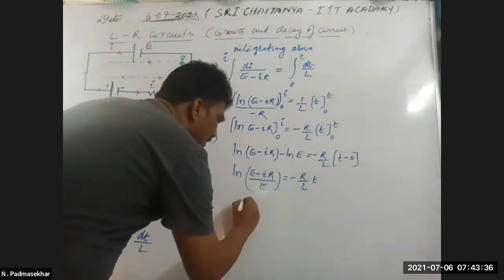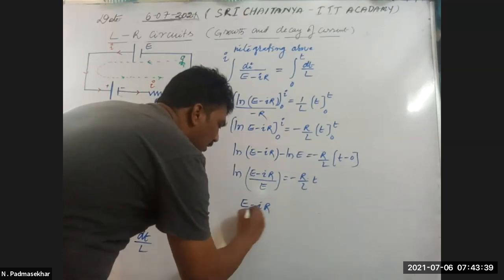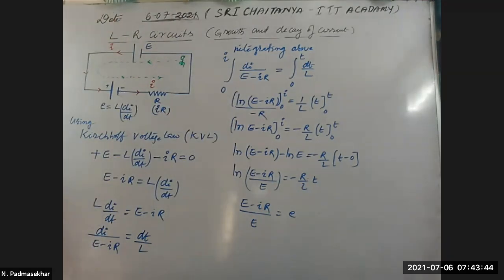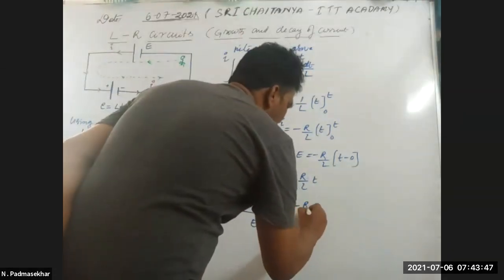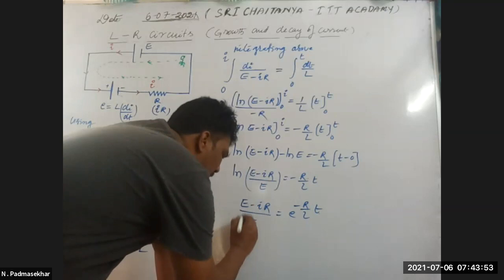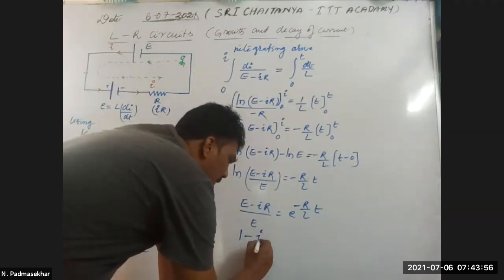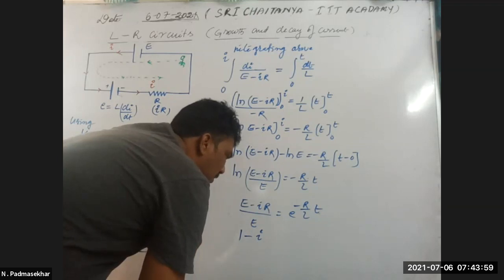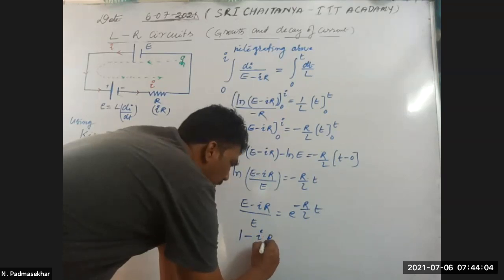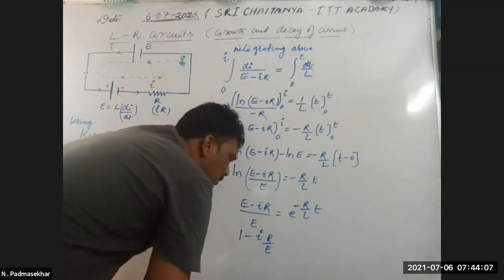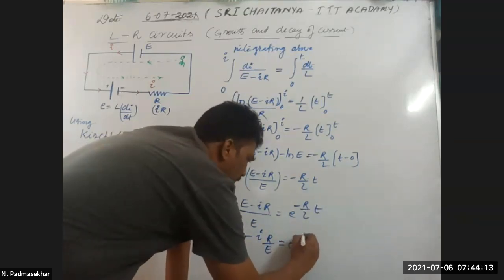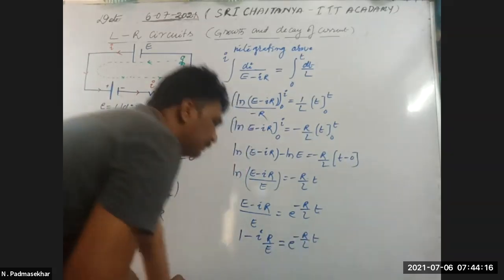See that (E − IR)/E is equal to e to the power of −R/L into t, right? So this is 1 minus I into R by E, is equal to e to the power of −R/L into t.